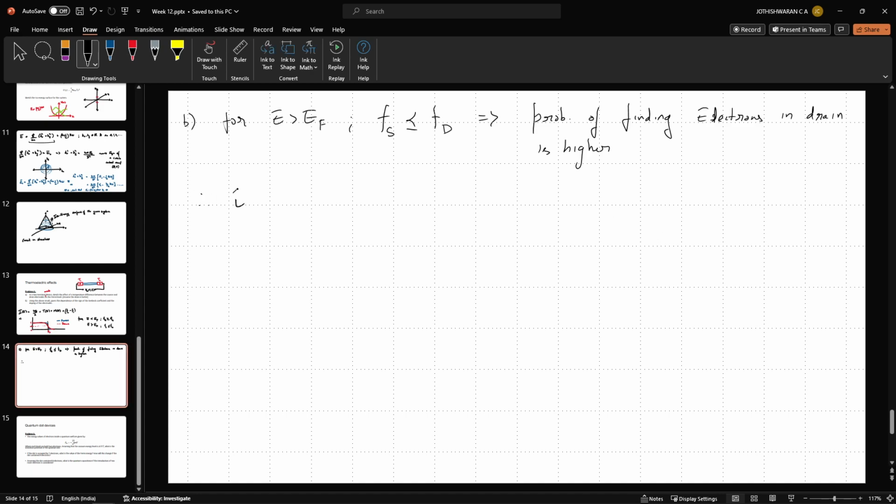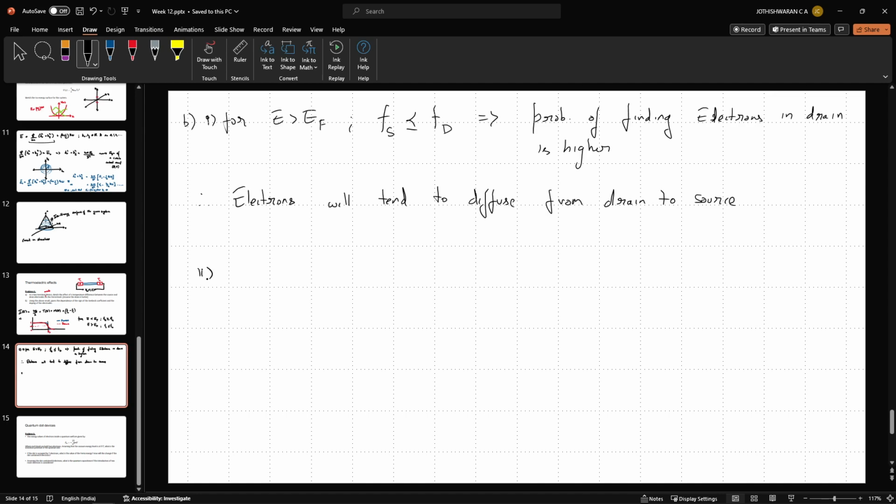Therefore, electrons will tend to diffuse from drain to source. So this is the first case.